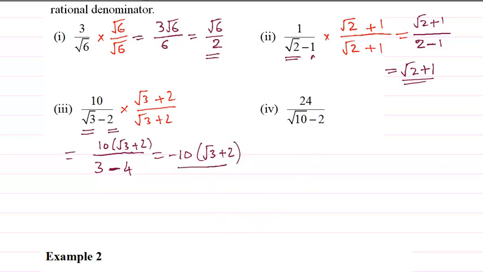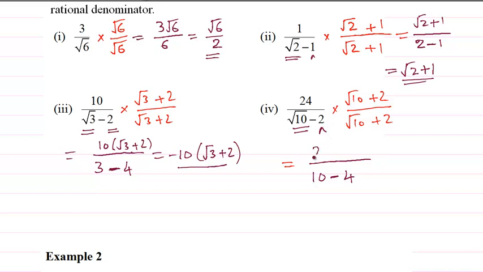Similarly here, we multiply by the conjugate, which is root 10 plus 2, root 10 plus 2, and it's equal to, always the denominator, square this, which is 10 in this case, square this, always minus sign here, which is 4.